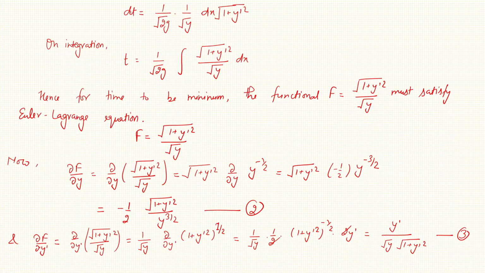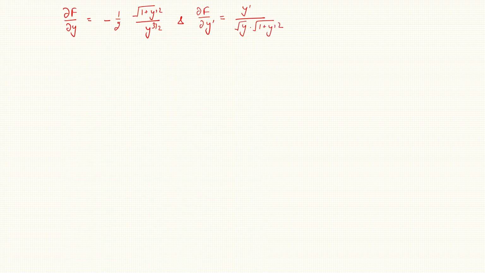Now what we have? ∂f/∂y is minus 1 upon 2 √(1 + y′²) divided by y to the power 3/2, and ∂f/∂y′ is y′ divided by √y into √(1 + y′²).